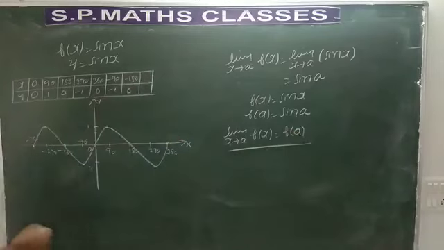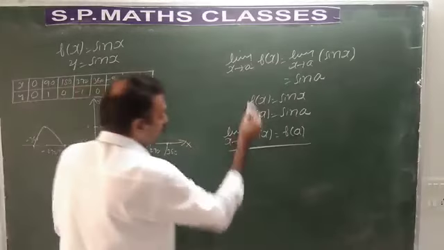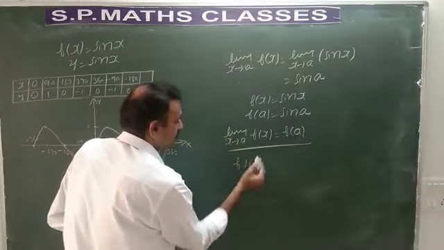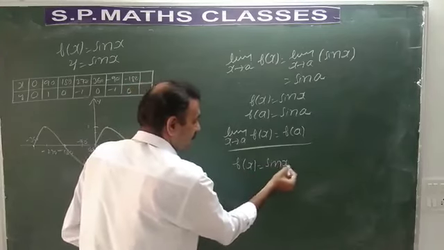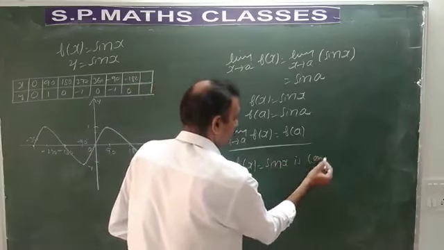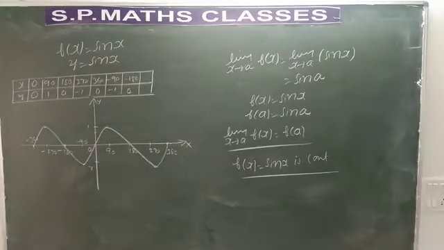So what is your conclusion? Graphically, and also using the definition, we have proved that f of x is equal to sin x is continuous. Very simple. You can draw the graph using the standard values and then you can prove that it is said to be continuous.